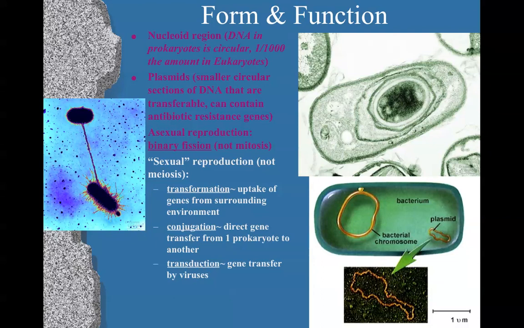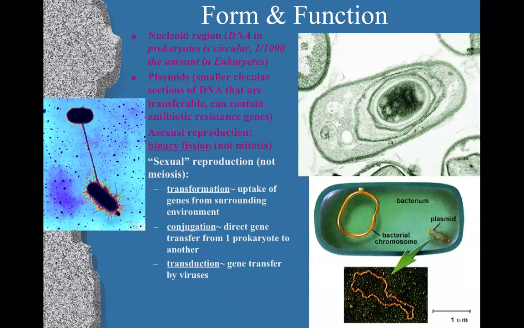So in addition to mutations, though, there are a few other ways that variation or diversity can exist within a species of bacteria. The first is that you have transformation occurring, which is unique to, I keep saying bacteria, I should be saying prokaryotes, which is unique to prokaryotes where they're able to take up DNA from their surrounding area and incorporate that into their genome or as a plasmid.